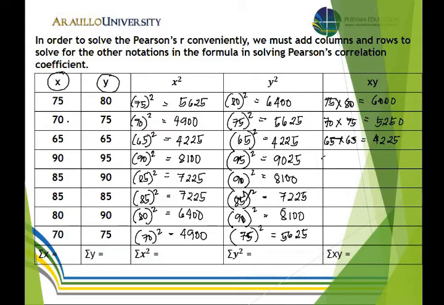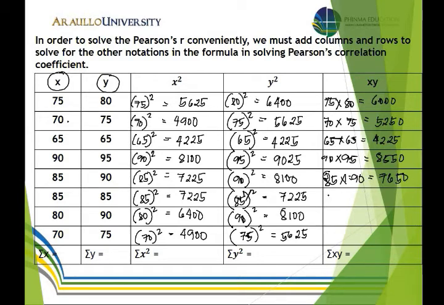susunod natin, we have 90 times 95, we have 8,550, and then we have 85 times 90 is equal to 7,650.